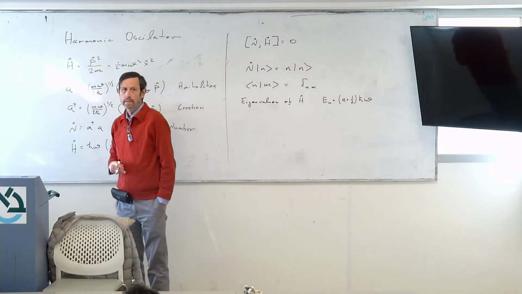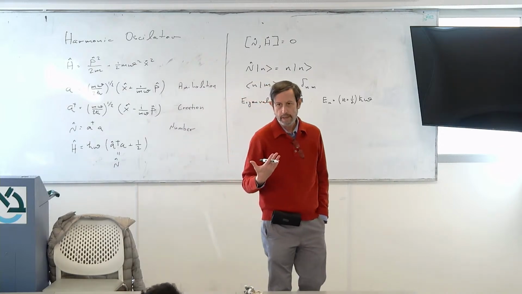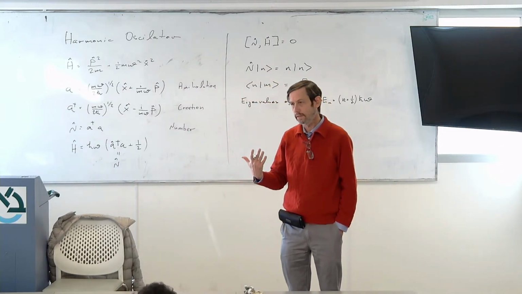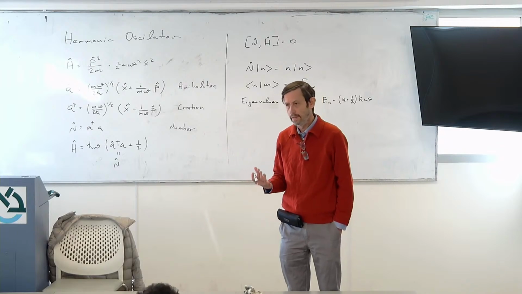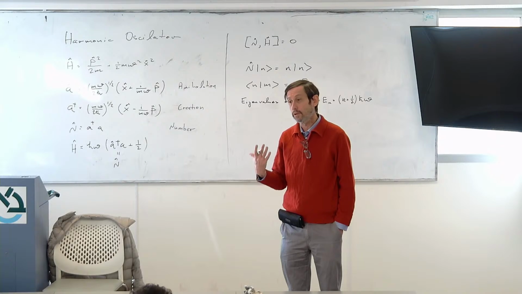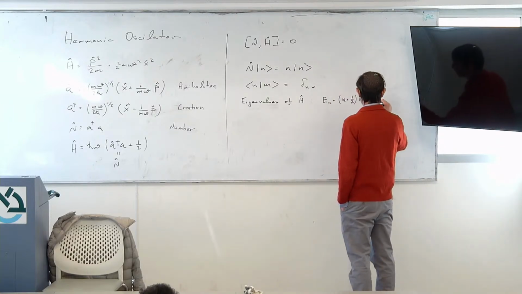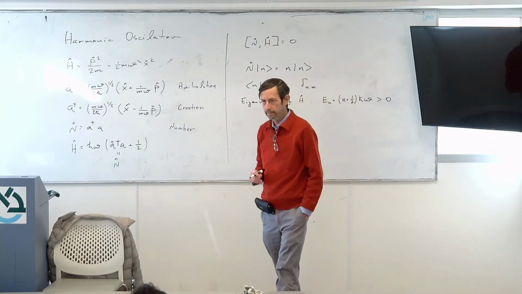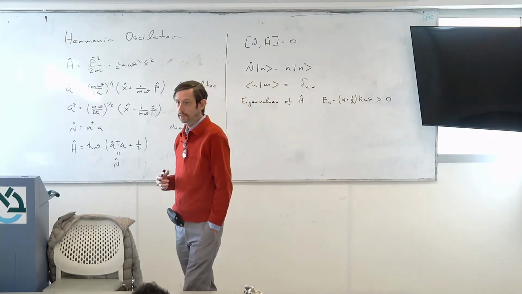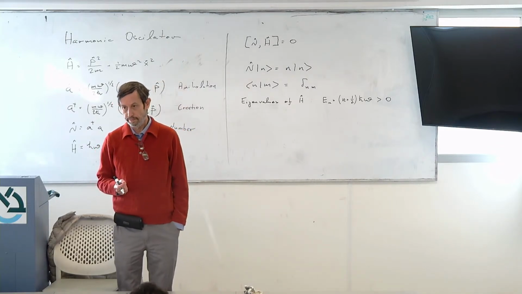Okay, but I do know something. Basically, p squared is the square of the momentum, and x squared is the square of the position. By definition, these squares are positive numbers, meaning that the value here must be larger than 0.